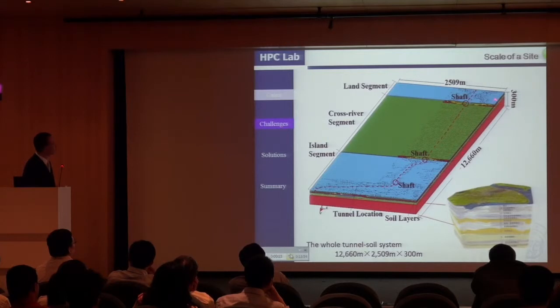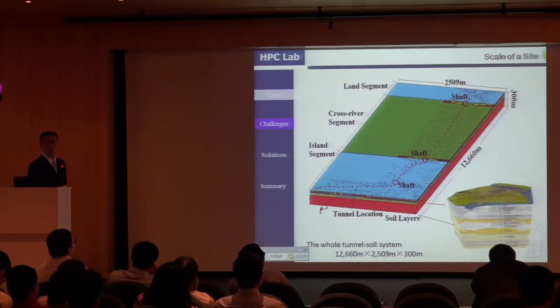One, you will find that the length for the model is about 12 kilometers, and the width of the model would be 2,500 meters.